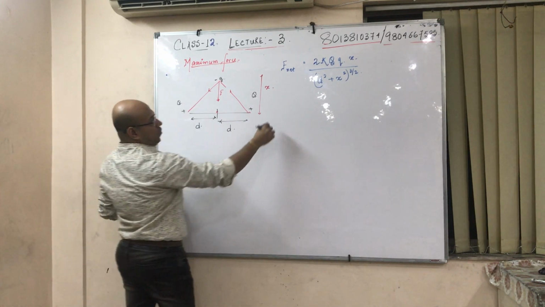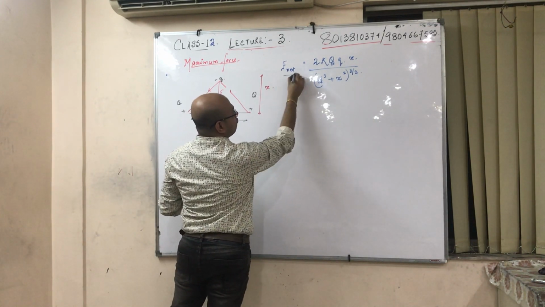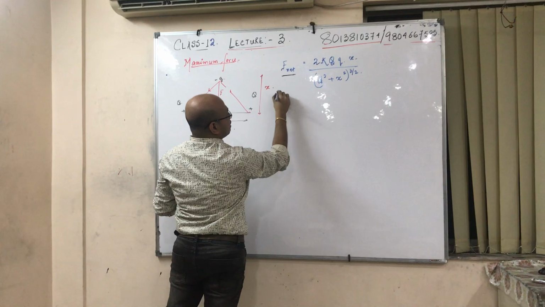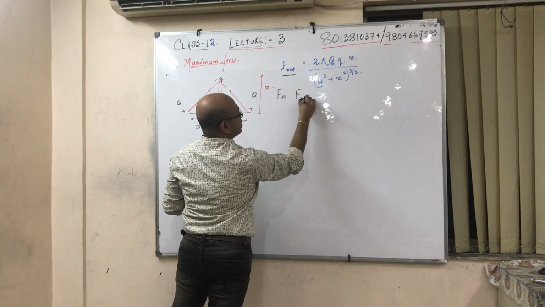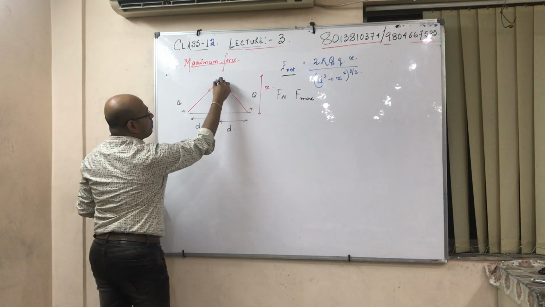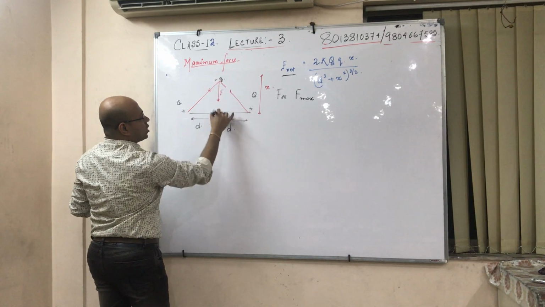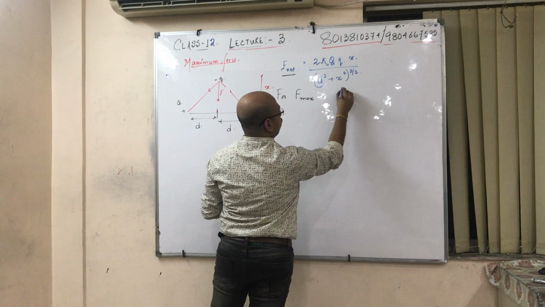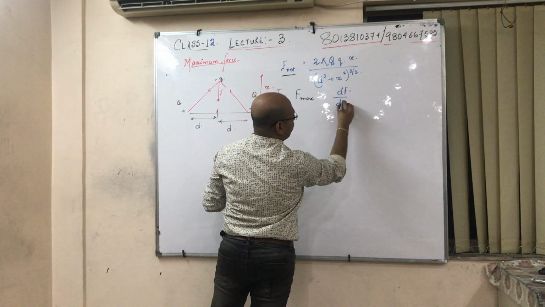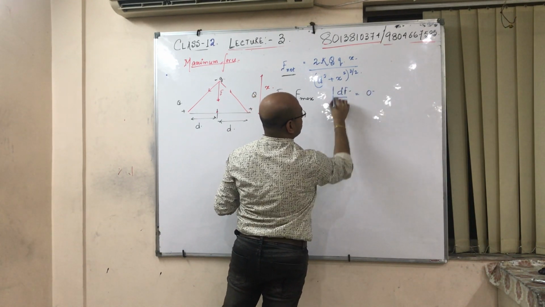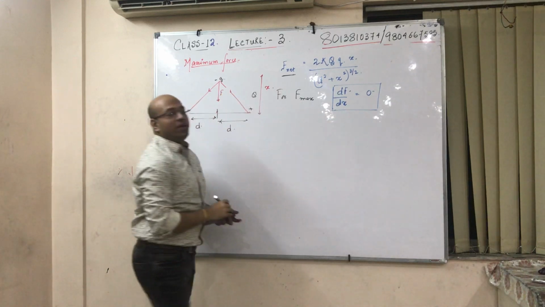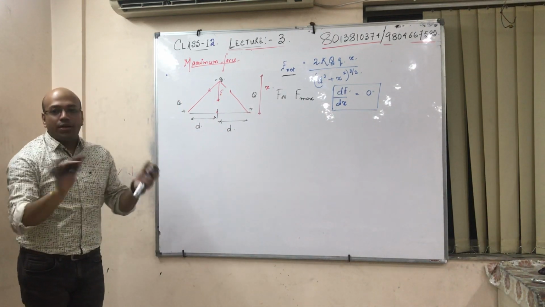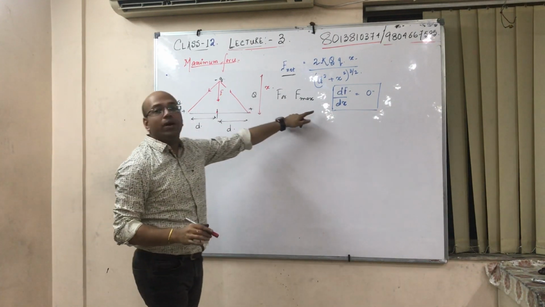Now, F net, F maximum depends upon the separation between these 2 points. For F max, what do we need to do? dF by dx is equal to 0. Now we need to solve it. I need not solve it, I know you can do it at home.